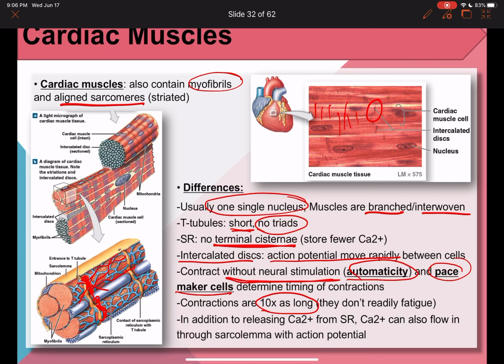In addition to releasing calcium from the sarcoplasmic reticulum, our heart cannot afford to not have enough calcium, or else the contraction stops, and we can't afford to have our contraction stopped in the heart. So calcium ions can also flow in through the sarcolemma with an action potential. That is something different in the heart compared with skeletal muscle fibers.